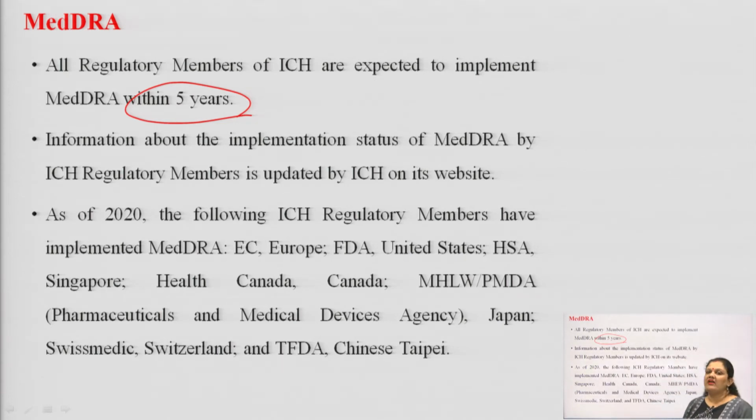Okay. Like we have US FDA, the United States Food Drug Administration, and TFDA, the Taiwan Food Drug Administration, or simply we can say Chinese Taipei.